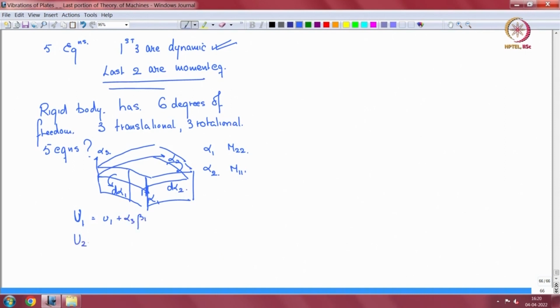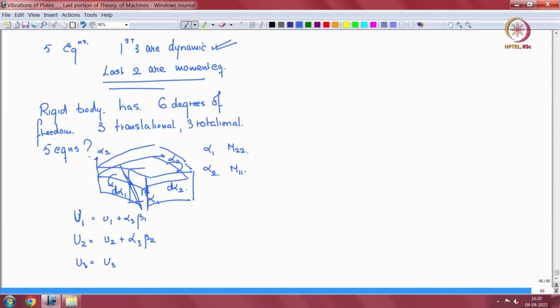The big u2 is small u2 plus alpha 3 beta 2. So because of the finiteness in the alpha 3 direction, we could afford a rotation. Okay, there is a middle surface movement and then a rotation about it. Whereas when it comes to u3, we said it moves in unison. The top surface and bottom surface move in u.